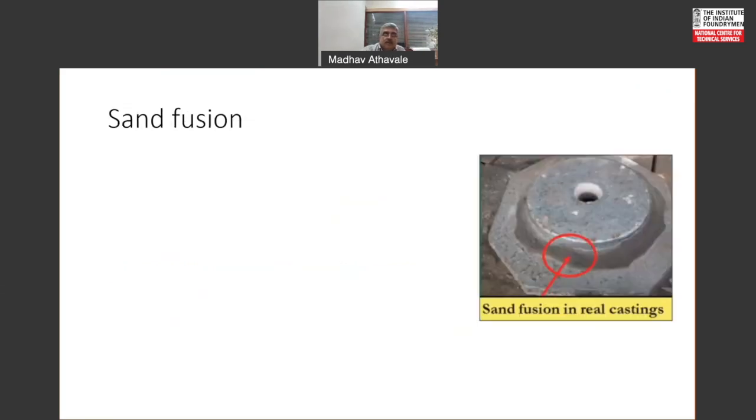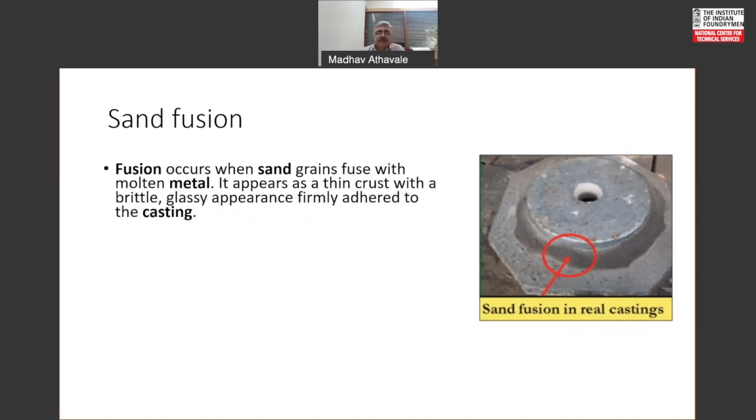Now we go to the next kind of defect, which is sand fusion. And here is a picture of that. The fusion occurs when sand grains fuse with molten metal. This appears as a thin crust with a brittle, glassy appearance, which is firmly adhering to the casting surface.